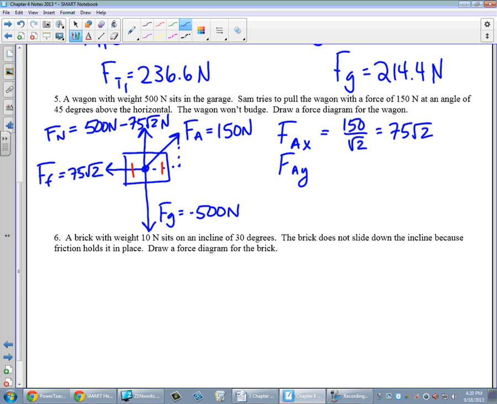One more example. A brick with a weight of 10 newtons sits on an incline of 30 degrees. The brick does not slide down the incline because friction holds it in place. Draw a force diagram for the brick. There's my incline, 30 degrees. Here's the brick. Force of gravity.